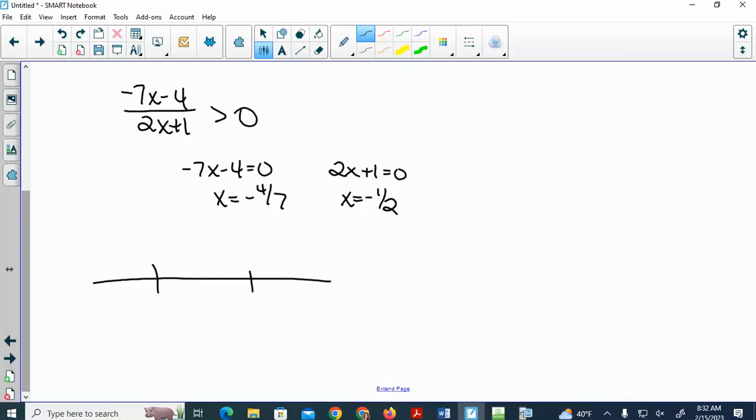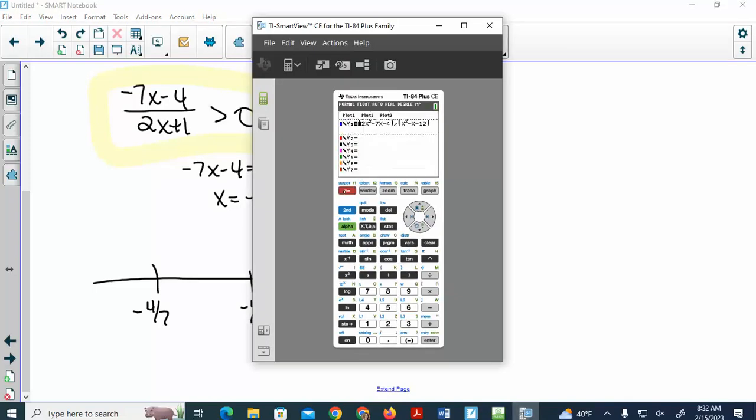So we made our little number line. Which one is smaller? When we graph this, we are graphing negative 7x minus 4 divided by 2x plus 1.